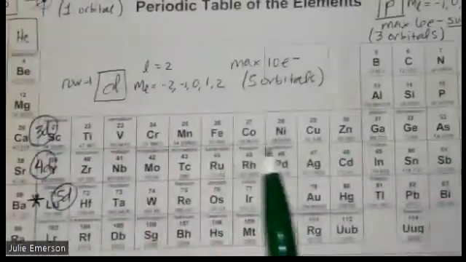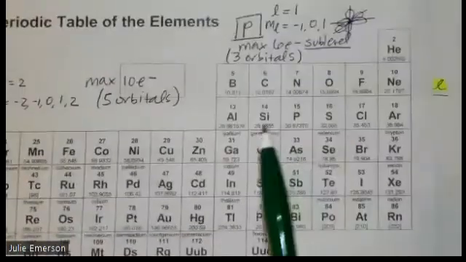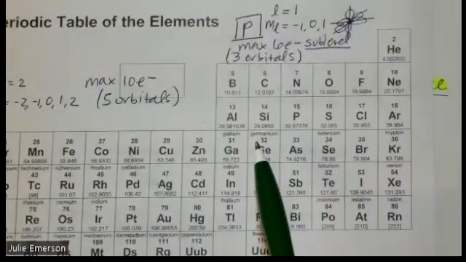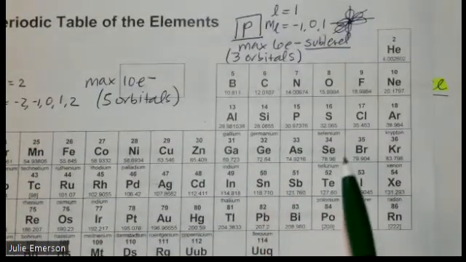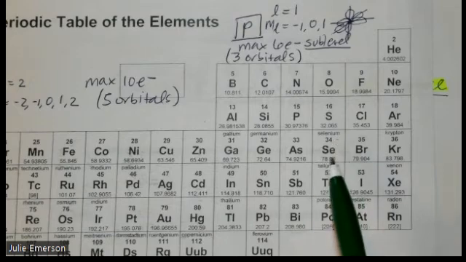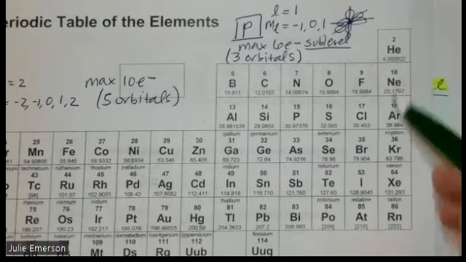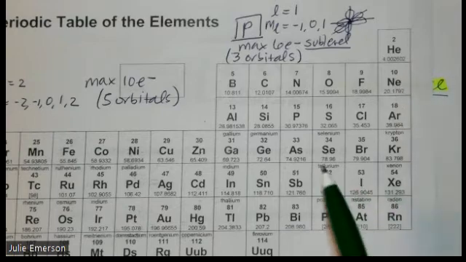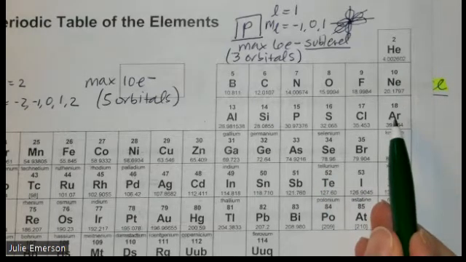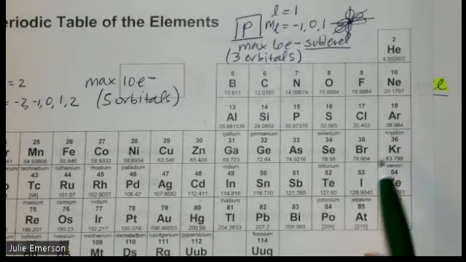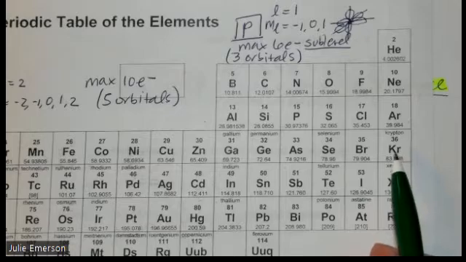That would be a pain. What you can do is for any element, find the noble gas core. So selenium, right here on the periodic table, your noble gas core you find by going up one row and all the way to the end, right? Noble gases are all the way at the end. So selenium has an argon core. If we were looking at tellurium, it'd be a krypton core.